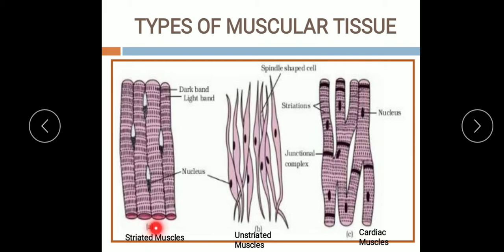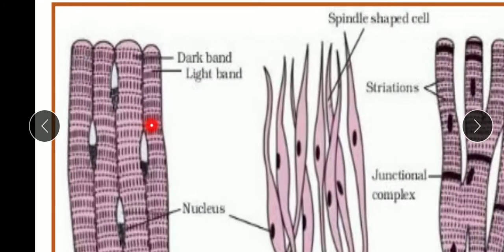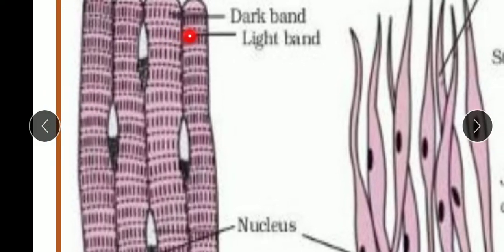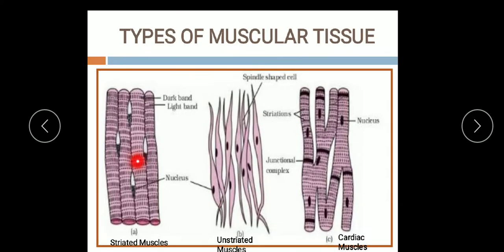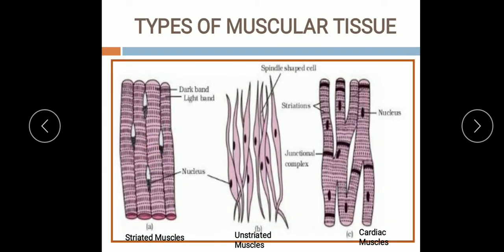So children, you see the name striated muscles, why is it given? Because it has striations on it, that is, dark and light bands are present on it. You can see here, dark and light band. So due to these striations, they are known as the striated muscles.